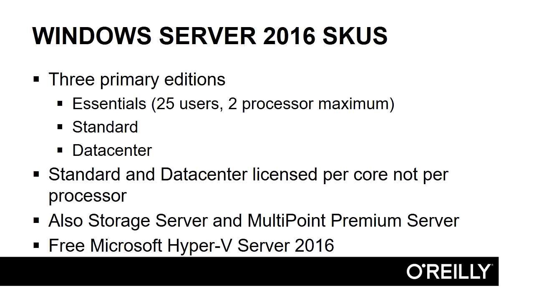A big change from previous versions, the 2016 edition is the first version that's actually licensed now by core and not per processor. In the past, we would buy 2 processor socket licenses, and I would have to license every processor socket in the machine.